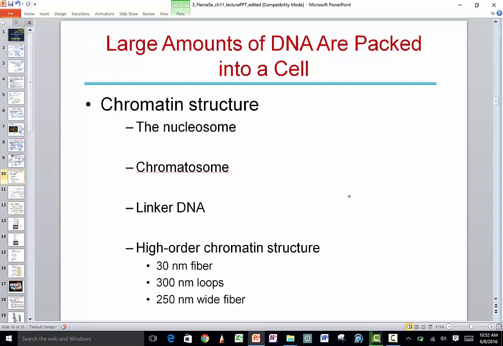So we have to think about nuclear chromatin structure, and these are the different types of structures that we're going to talk about. And we have the nucleosome itself.